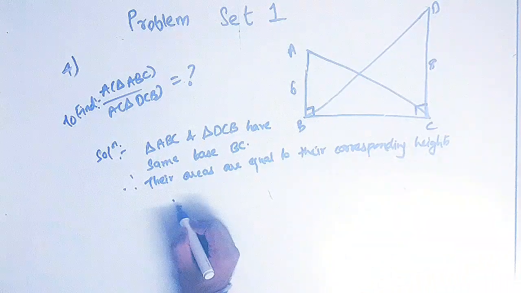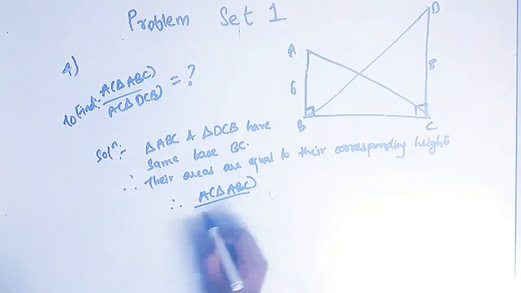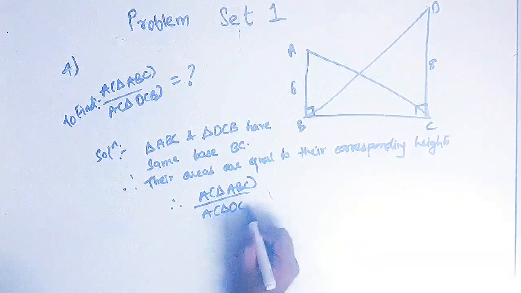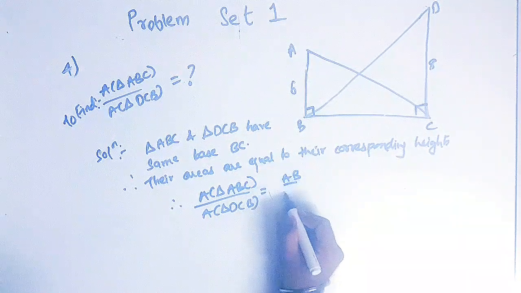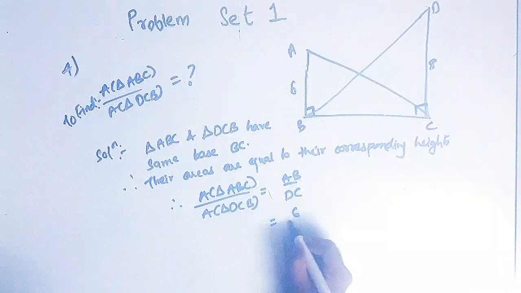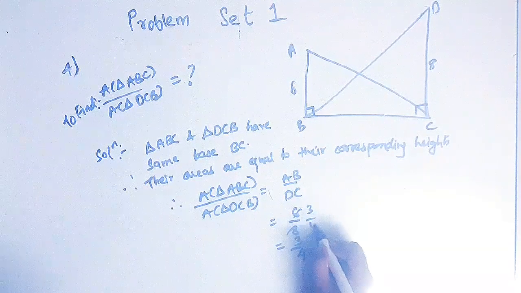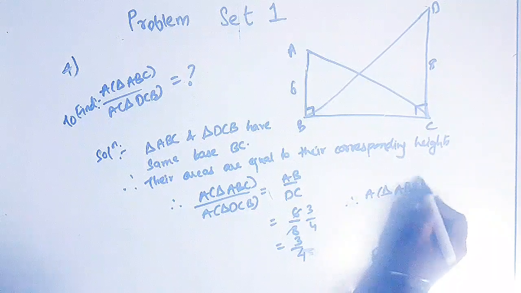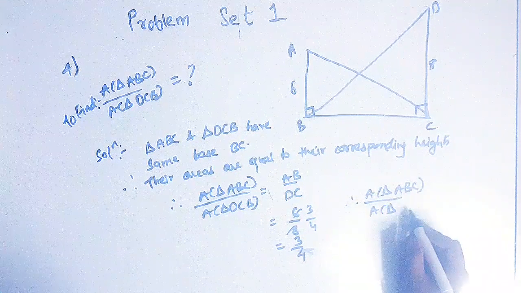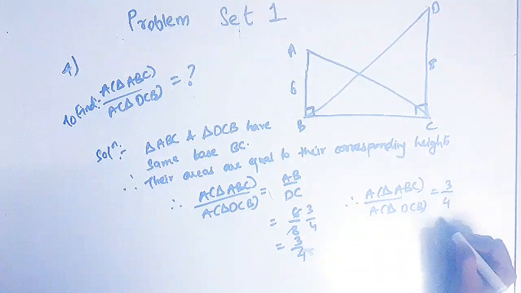Okay, therefore area of triangle ABC upon area of triangle DCB equals to AB upon DC, that is equal to 6 upon 8, that is equal to 2 3s are 2 4s are. So the final answer is area of triangle ABC upon area of triangle DCB equals to 3 by 4.